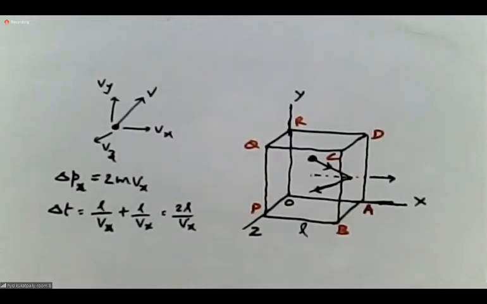For example, if the molecule takes 0.5 seconds between two successive collisions, then what would be the frequency? Frequency is calculated per second only. So 1 by 0.5, it is colliding 2 times per second. Anyhow, the time gap between successive collisions of the same molecule with the same surface is 2L by Vx.